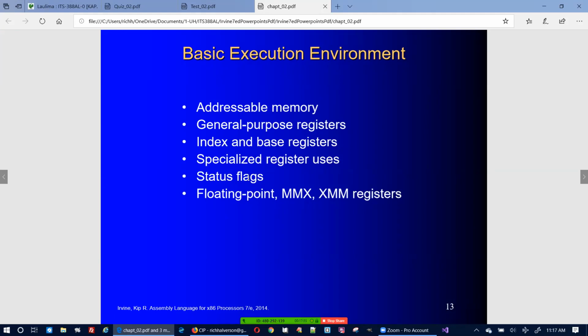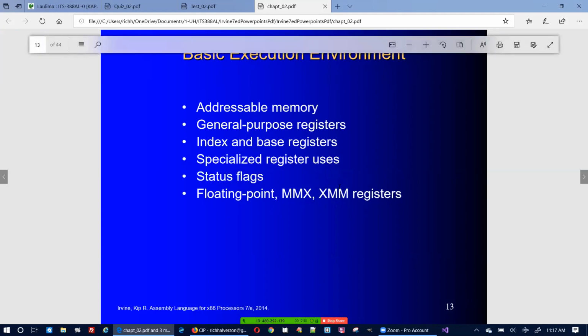Does the accumulator contain 0 now, or when you did that subtraction, did it end up resulting in a negative number? So on. Was there an overflow? Did you try to add 2 numbers that are too big and it didn't fit in the resulting register? Those status flags are very important there.